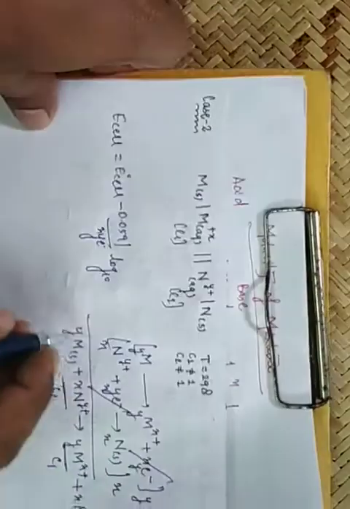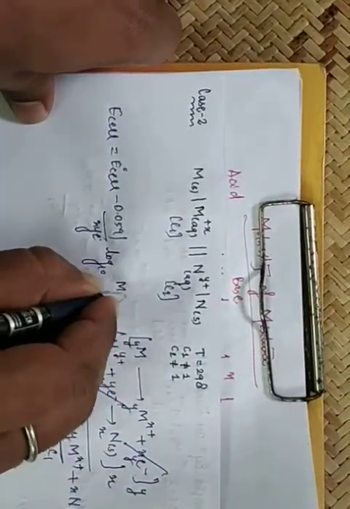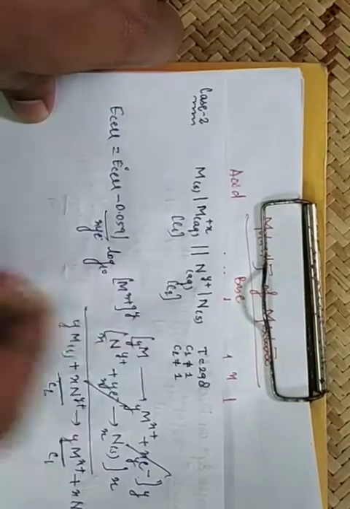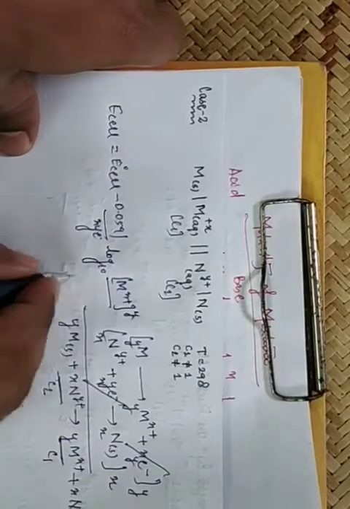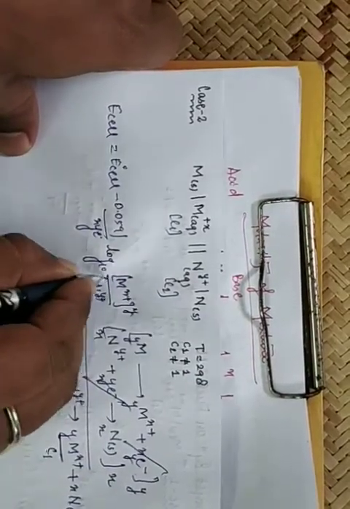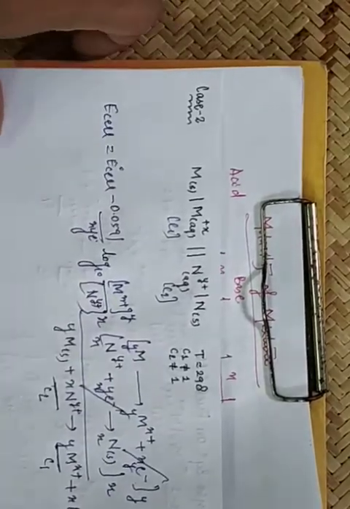The product is M^x+ charge, with its coefficient as the power, and N^y+ with coefficient x as the power. The coefficient always goes in the power. So this is the formula.